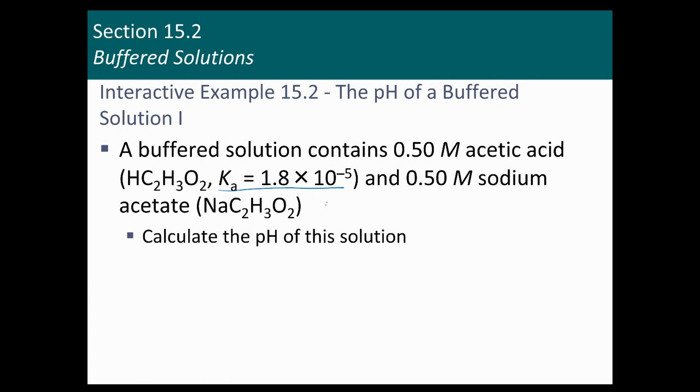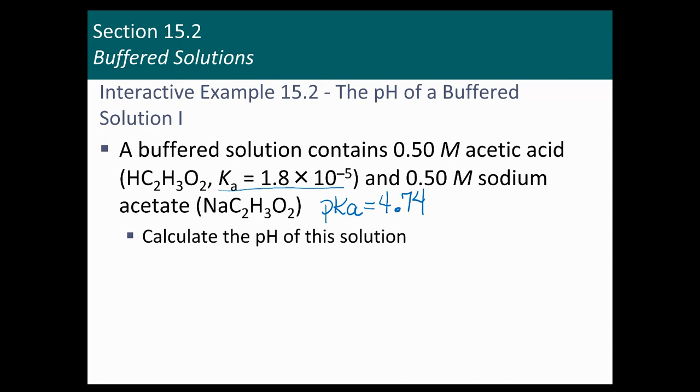Take a minute and find the pKa of this solution. So negative log of that should have been 4.74. Okay, so I would just want to have that handy for later discussions.